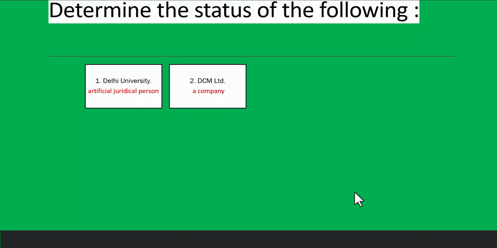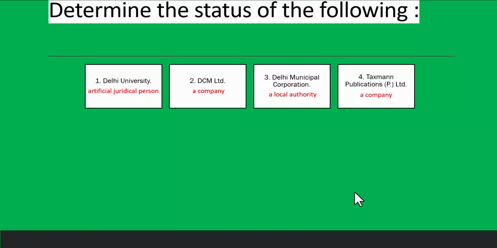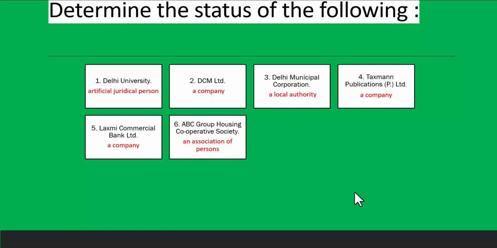DCM Limited: a company. Second, Delhi Municipal Corporation: a local authority. Taxman Publication Private Limited: a company. Taxman Publication is the company whose book we are reading at the moment. Lakshmi Commercial Bank: a company.